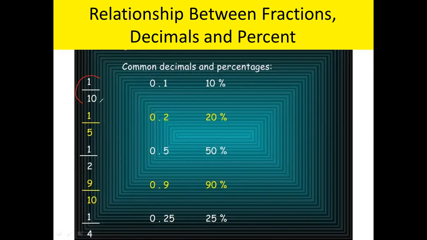1/10. Since the denominator is 10, we can convert that into a decimal, which is 0.1. Since the denominator is 10, 1/10, therefore 1 decimal place.